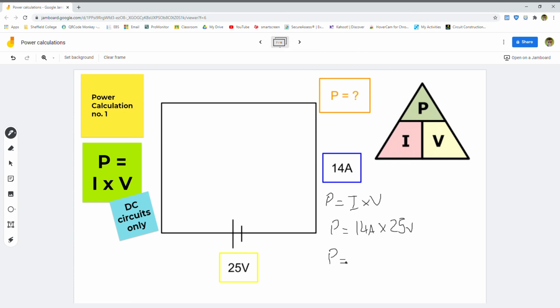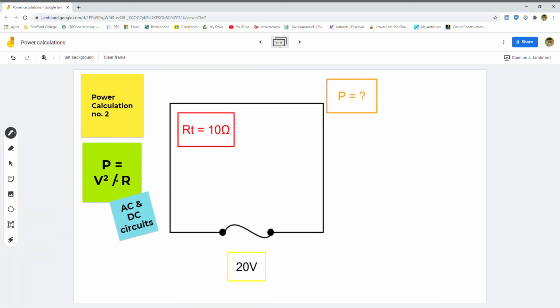P equals, so we're just timesing those together, and that is giving us 350, and we are measuring it in watts. 350 watts of power is being consumed, being dissipated by that circuit. So that's the first calculation, and this one only really applies to DC circuits, so circuits with a direct current such as a battery or a solar panel or something like that.